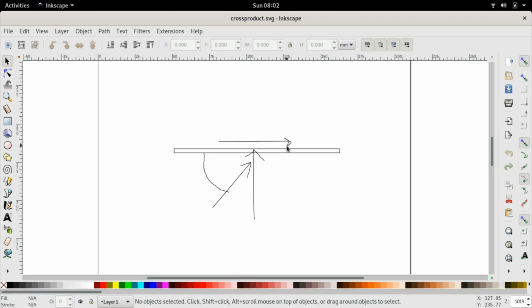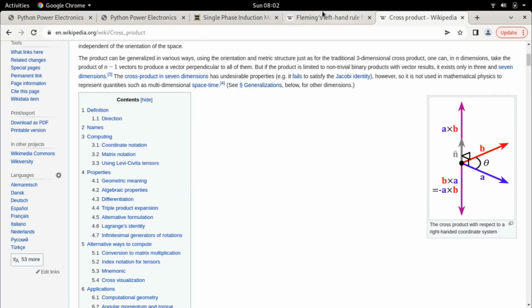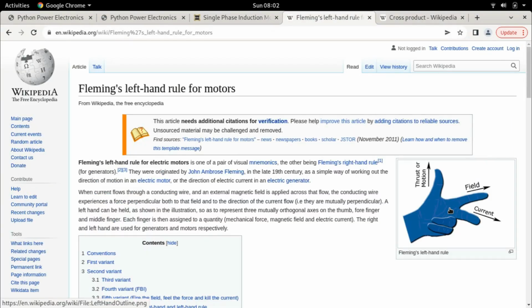And we've also seen that we can use Fleming's left hand rule, so let me go over to the web browser and let me show Fleming's left hand rule. If you use your left hand such that the forefinger is pointing in the direction of the magnetic field, the middle finger is pointing in the direction of the current, then in that case the thumb will indicate the direction of the mechanical force which is produced.